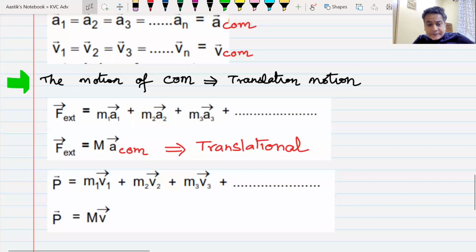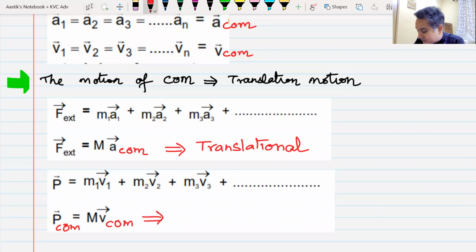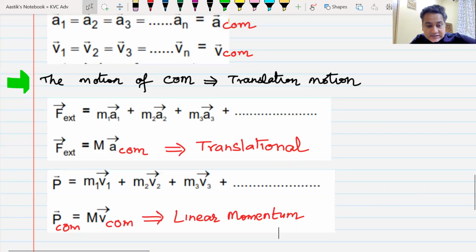If we write P1, P2, P3, P4, M1V1, M2V2 as the momentum of the individual particles of the body, we can add them all, and we will get the linear momentum of the center of mass. Linear momentum, do we understand this? It comes because of the translational motion of this rigid body. I hope you understand this.